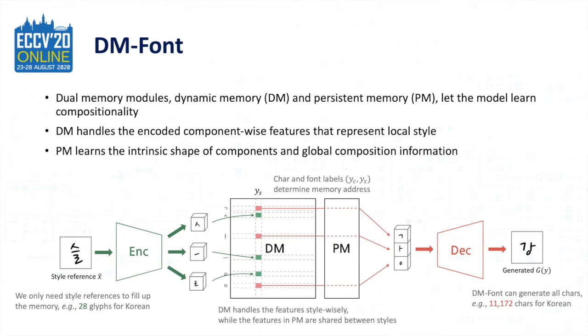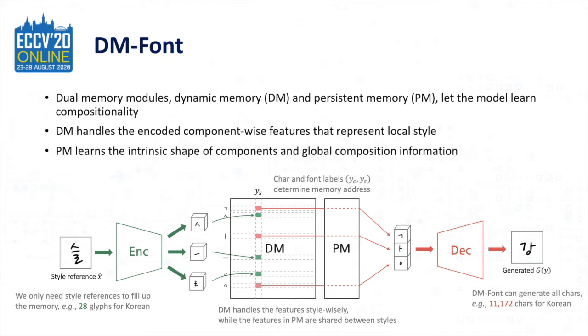This is the whole architecture of the dual memory-augmented font generation network. In addition to the dynamic memory, we introduced another memory module, the persistent memory. The dynamic memory handles local style features. The features are adaptively determined by input glyphs and the encoder, and managed style-wise in the dynamic memory. In contrast, the persistent memory learns the intrinsic shape of components and global composition information.